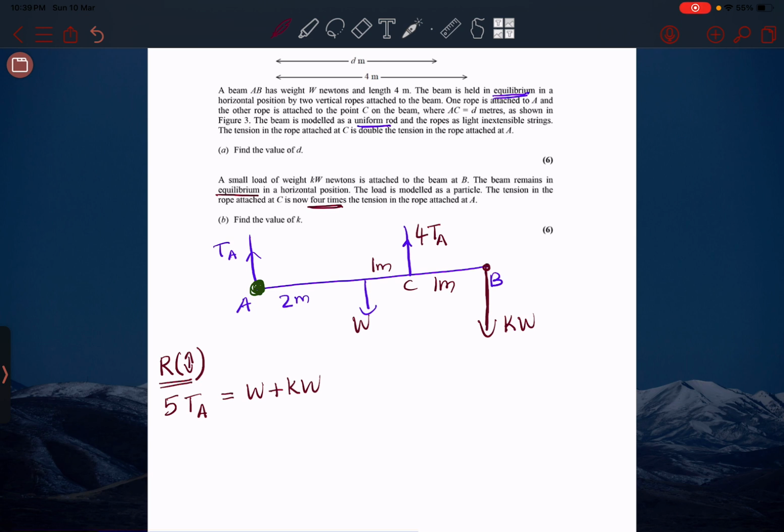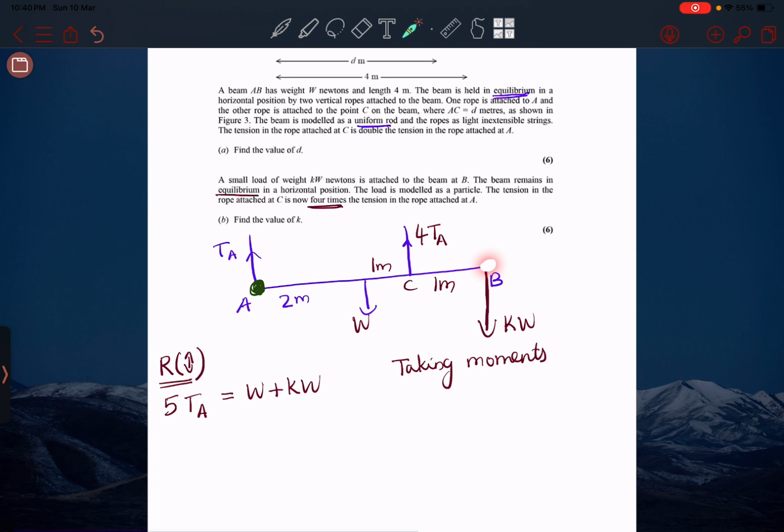We can take moments. The question is, where do we take moments? If I take the moments about kW, would that help me? Maybe it might help me.